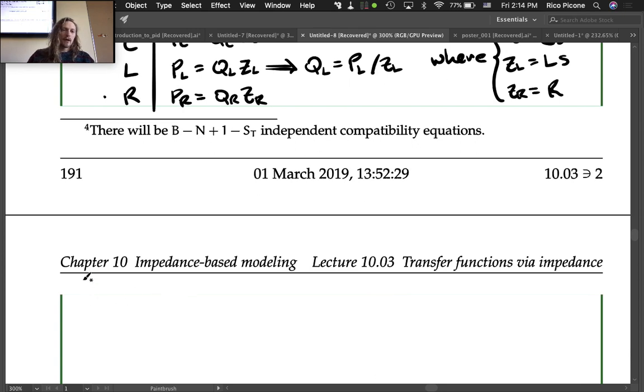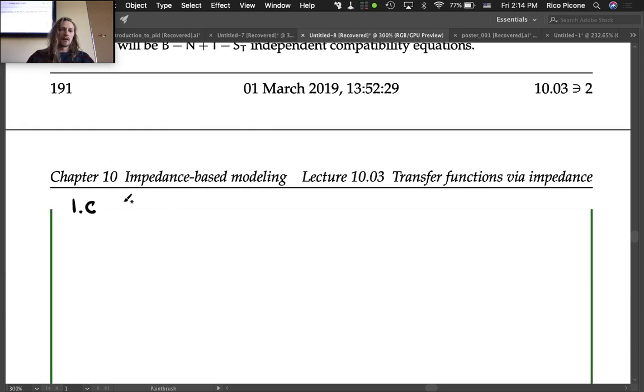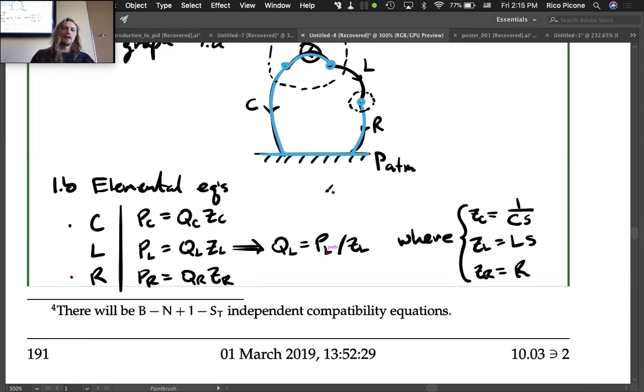So now we are on step 1C, which is the continuity equations. Now, I didn't write them, but PC, QC, etc., they're all functions of S, right?